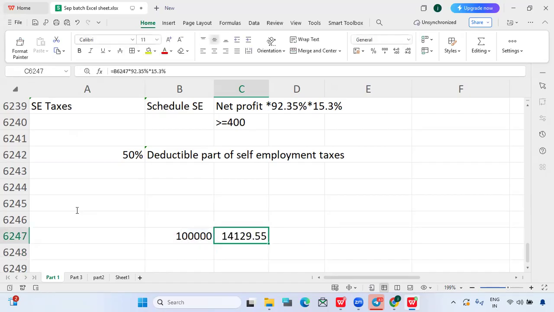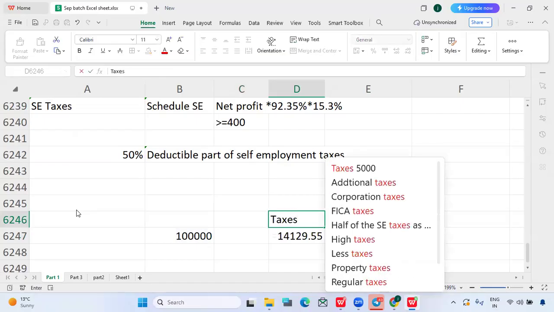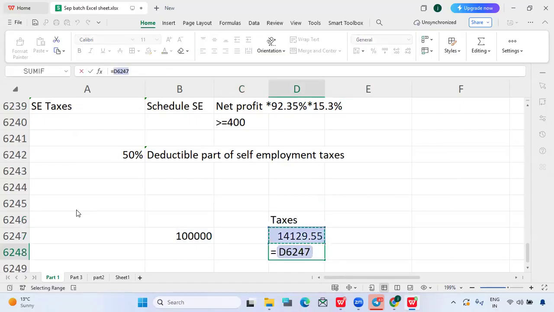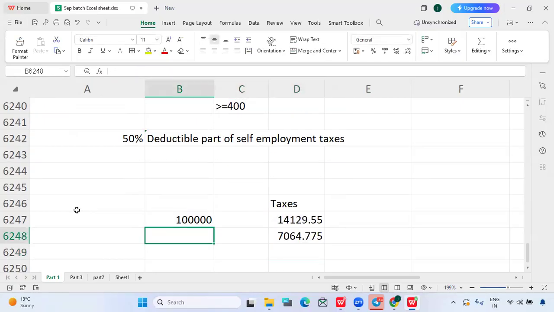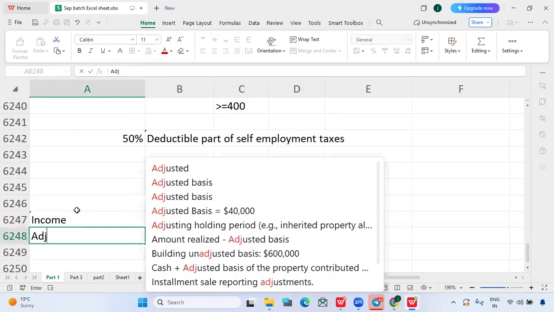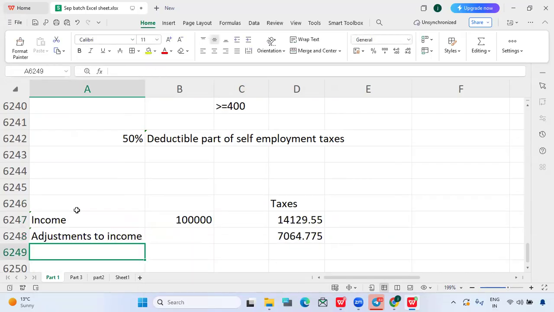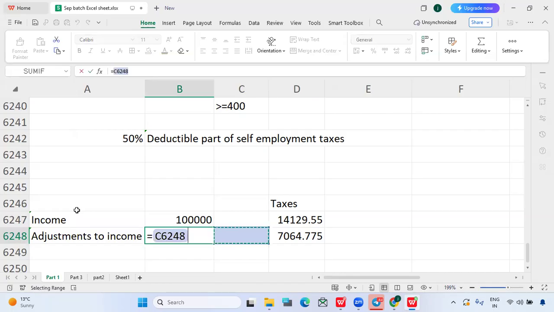So 14,129, which is your SE taxes, additional taxes. On this, how much can we claim as deduction? Divided by 2, which is 7064. That means this is your income, and adjustments to income is your seven.